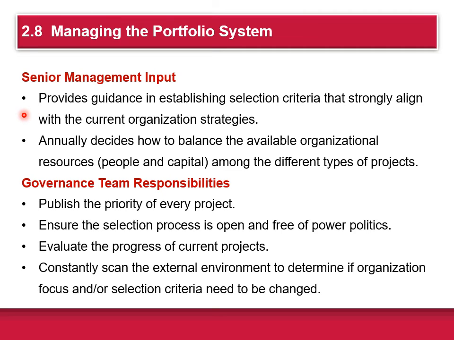This provides guidance in establishing the criteria that align with the current strategies. They decide how to balance the available resources, which are people and capital, among the different types of projects. And then in a larger organization, a lot of firms have what's called a governance team. This is a team of people, typically made up of experienced project managers, to actually manage all the projects.